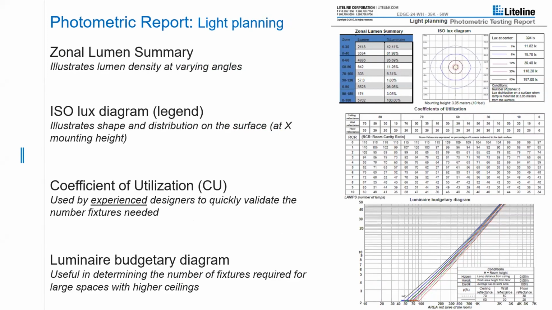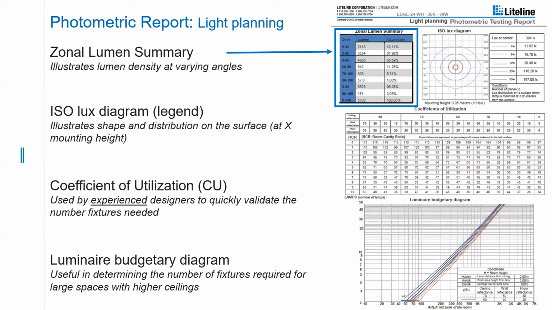Moving on to the second page of the photometric report, this is the light planning area, and here we have the zonal lumen summary. This information shows us where the light is falling at which angle.